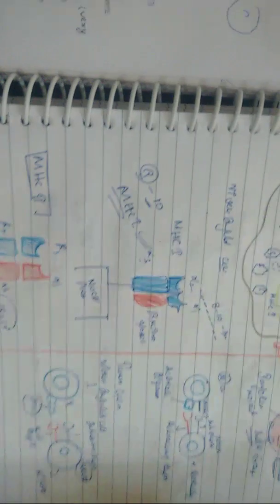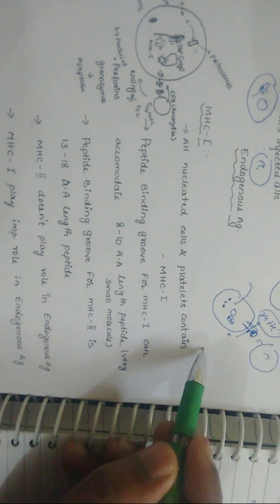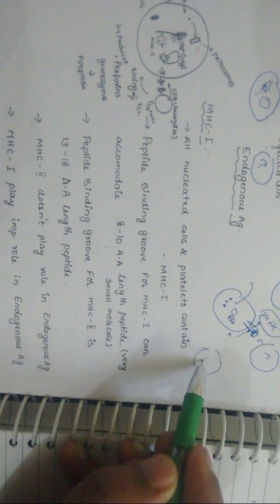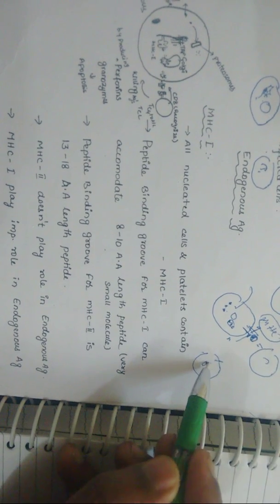What is it talking about? Now let us understand each line from the notes in detail. The first point says the MHC molecule is present in all nucleated cells. That means it can be platelets, it can be epithelial cells; in the epithelial cells you have these MHC molecules.